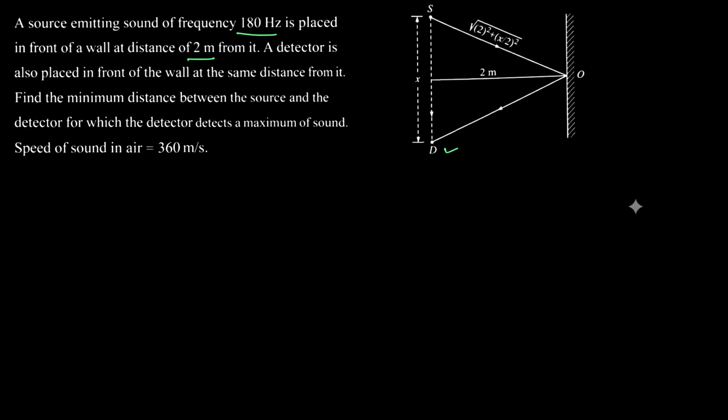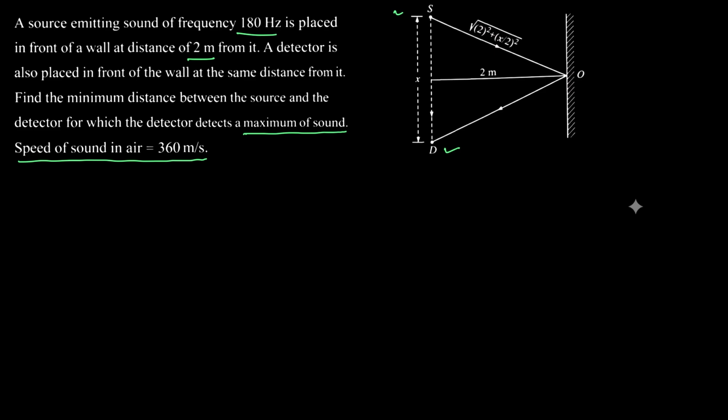So this is the detector and this one is the source, and this is the distance between wall and the source, that is 2 meter. Find the minimum distance between source and the detector for which the detector detects the maximum of the sound, means maxima should occur, and speed of sound is given as 360.